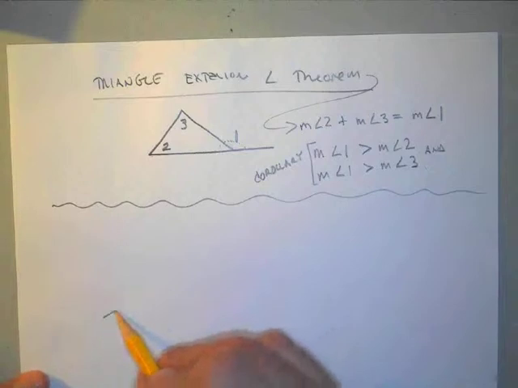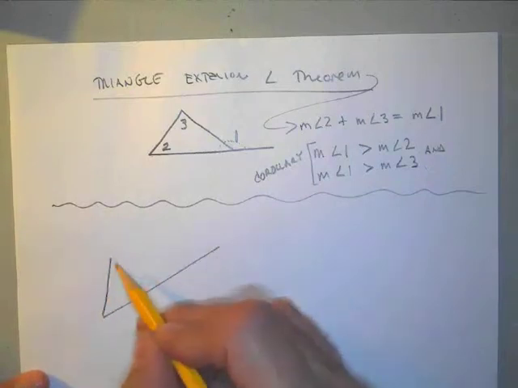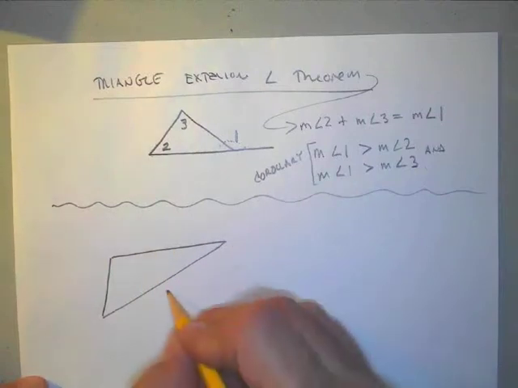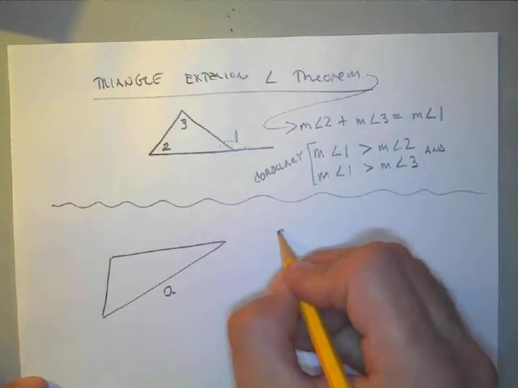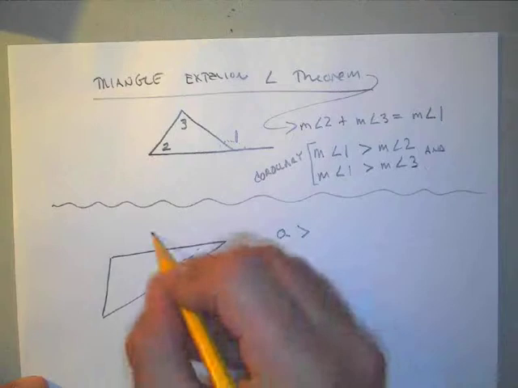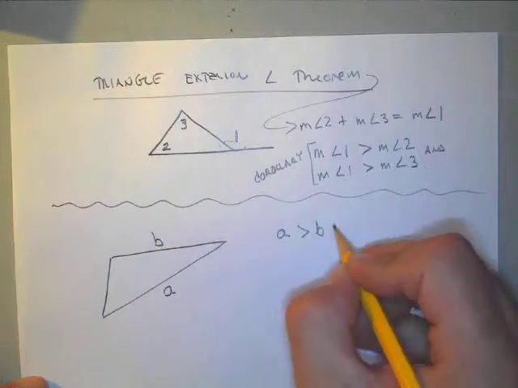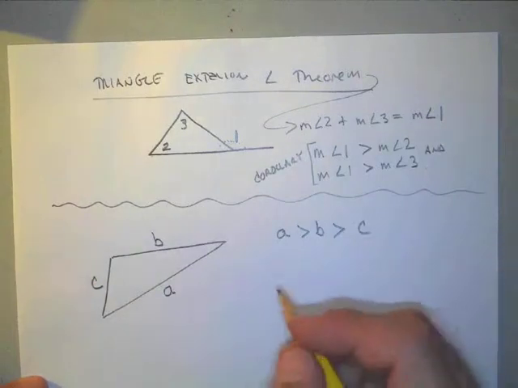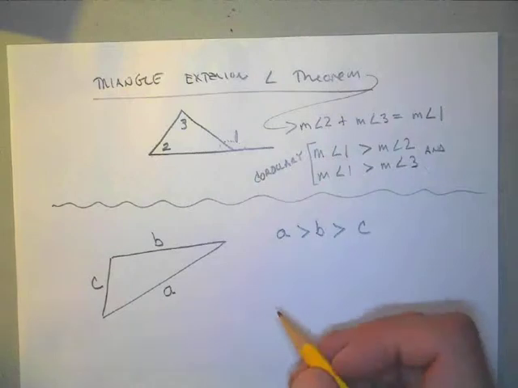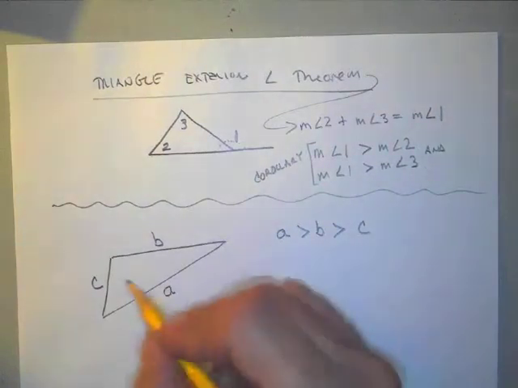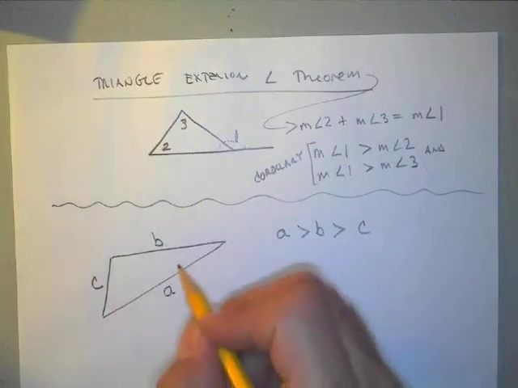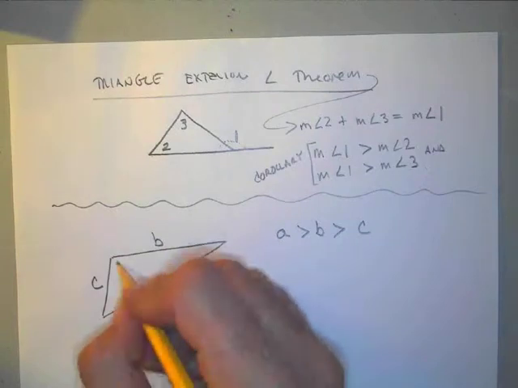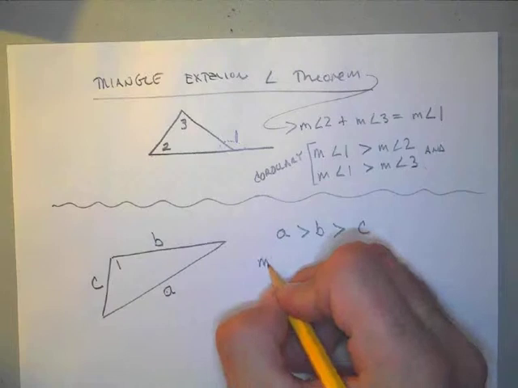Okay. Now, here is the last triangle thing that I want to do with you. Let's say that we have a triangle that looks like this. And I'm going to say side A is bigger than side B, which is bigger than side C. Now, what is interesting is that if you were to measure this triangle, you would find that the angle opposite the longest side, angle 1, is the largest.